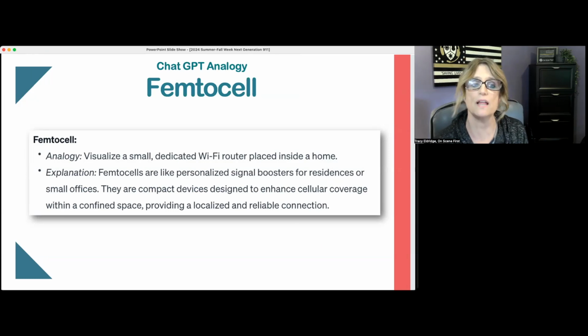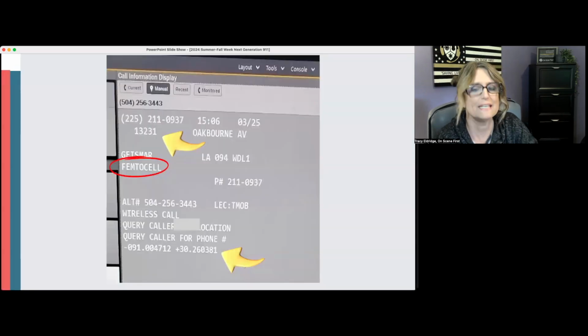Femtocells are like personalized signal boosters for residents or small offices. They are compact devices designed to enhance cellular coverage within a confined space, providing a localized and reliable connection. And while, yes, it's a reliable connection, it's not always routed appropriately, so there can be challenges.